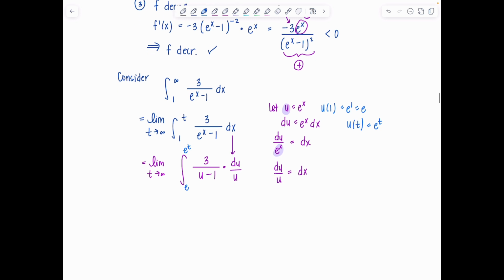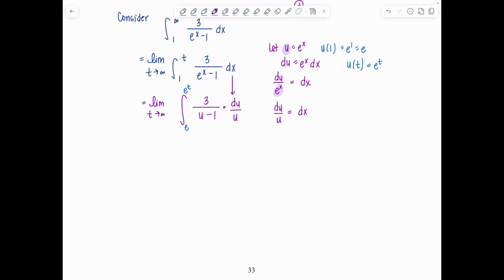All right, did we make life better? We did, don't worry. So this is the limit as t goes to infinity of the integral from e to e to the t of 3 over u times u minus 1 du. If I write it like this, you'll feel better. That's the same thing. Now let's find the partial fraction decomposition for this guy.